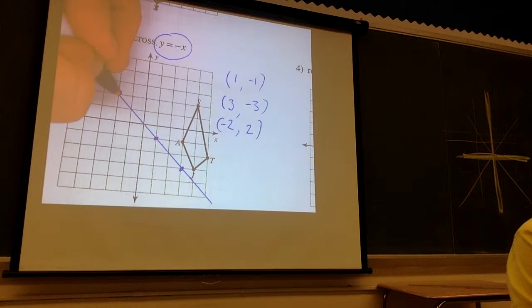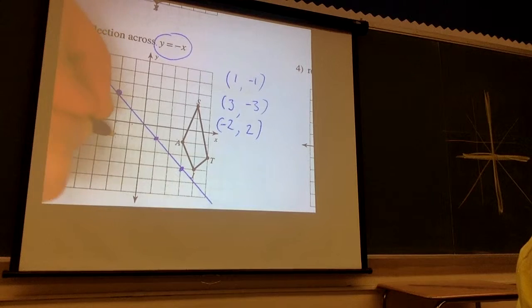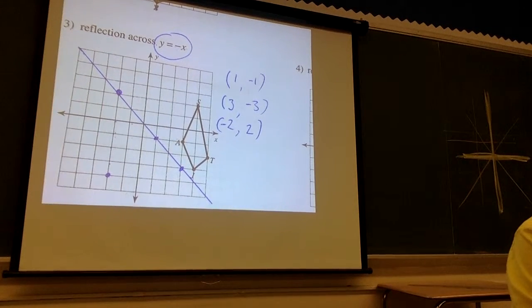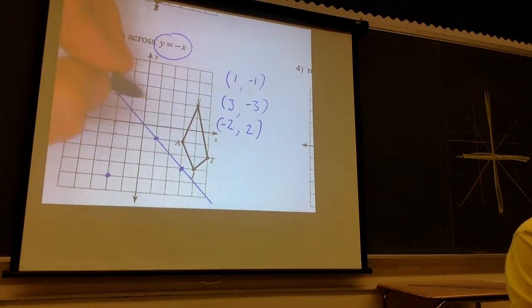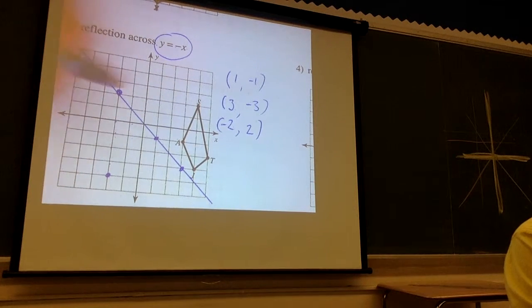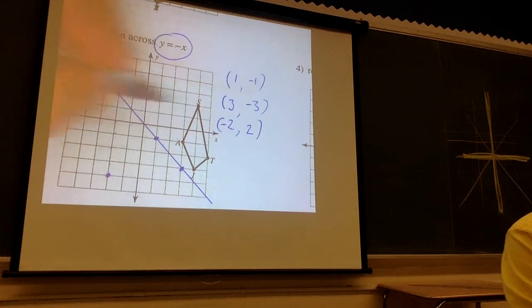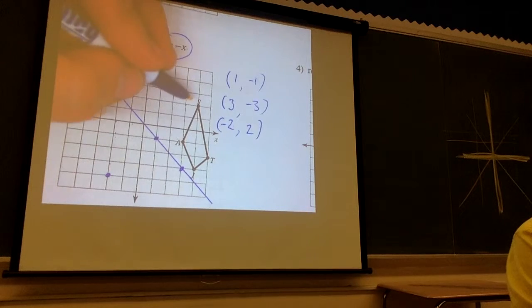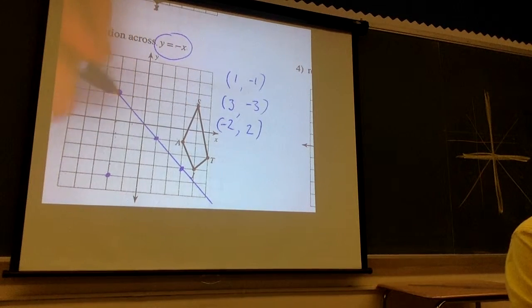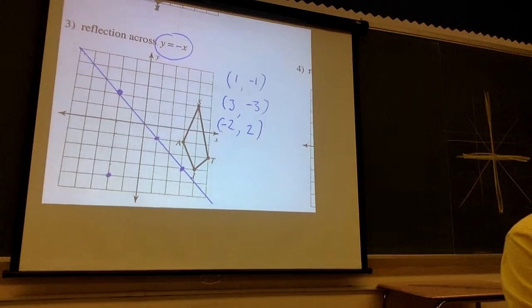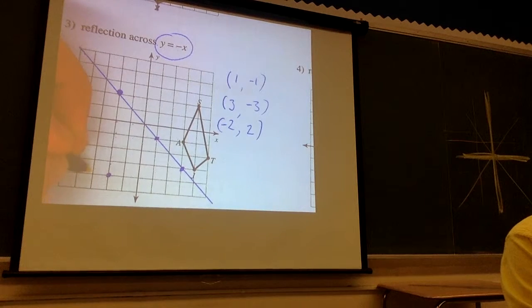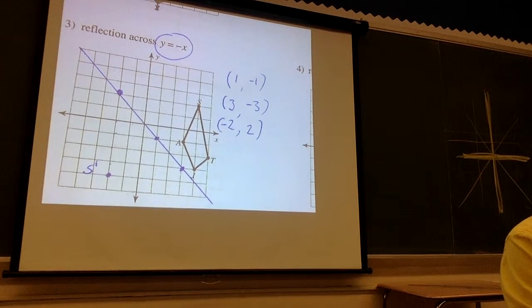It's 6 jumps away from my mirror, so I'll do that same thing. 1, 2, 3, 4, 5, 6. Notice when I went past my mirror, though, that instead of continuing straight horizontally, once I hit my mirror to do my reflection, I started going vertically and on the other side of the mirror. So in this case, it was vertically and down. So I went 1, 2, 3, 4, 5, 6, and then counted 6 down once I hit my mirror. This is going to be my point, S prime.